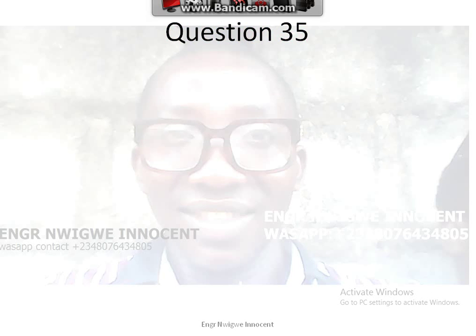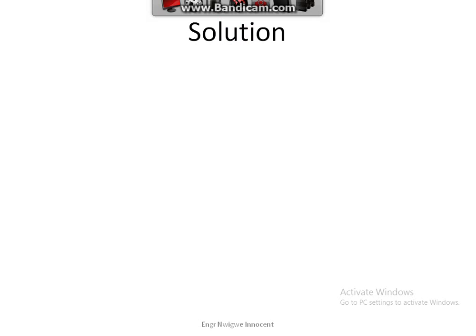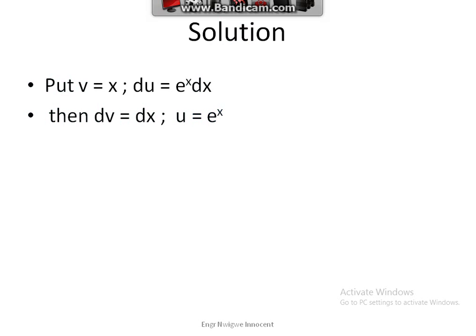Question 35. Evaluate the integral of s exponential s ds. Solution. Put v equals s, du equals exponential s ds. Then if we do the differentiation of s, we have dv over ds equals 1.